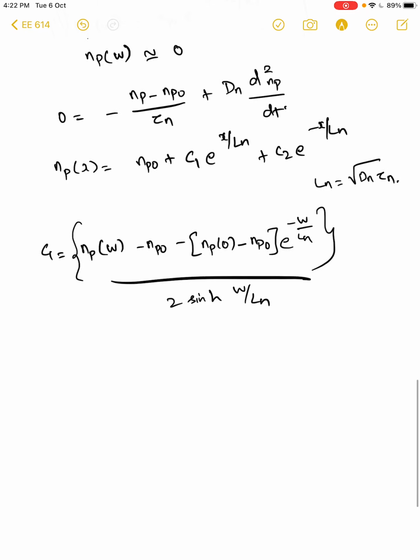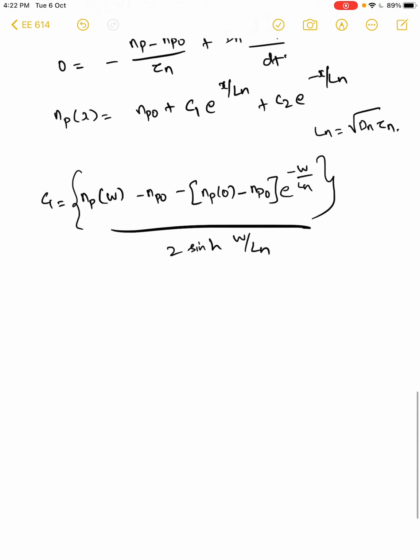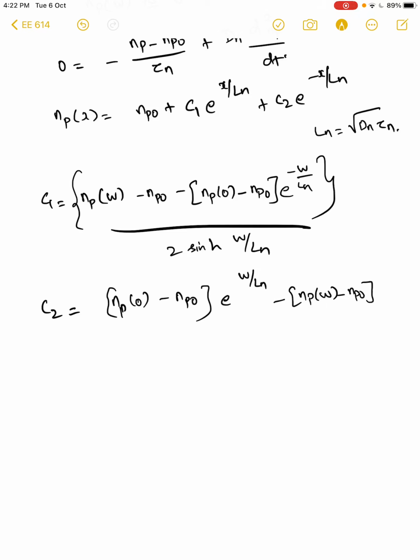So these are just very simple substitutions from these two equations. So you will get c1 and c2.